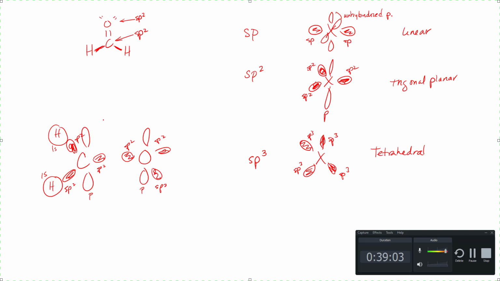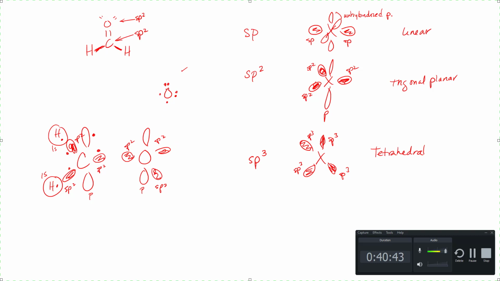Okay. Now let's put in the number of electrons. For carbon, it has 1 electron in each of the hybrid orbitals and 1 in the unhybridized p. And then hydrogen, of course, has 1 electron in its 1s orbital. Now for oxygen, because oxygen has 2 lone pairs and 2 unpaired electrons, the rule is that the lone pairs can only go in the hybrid orbitals.